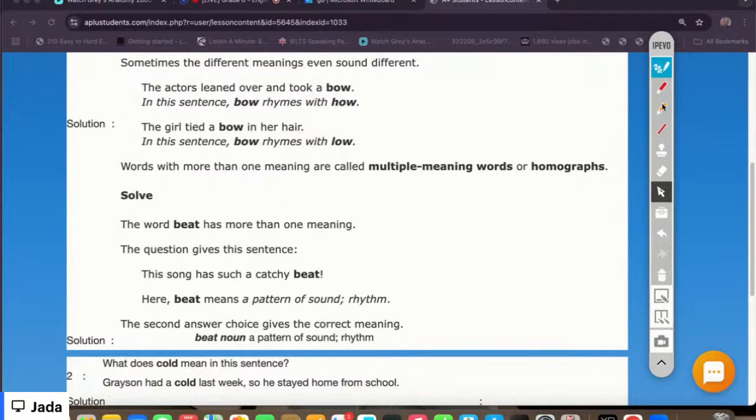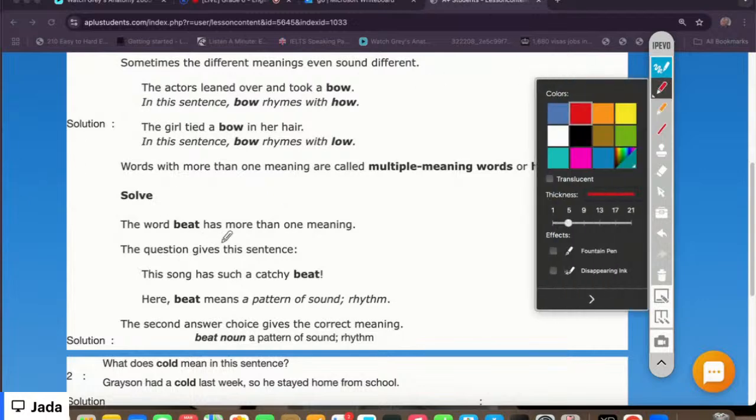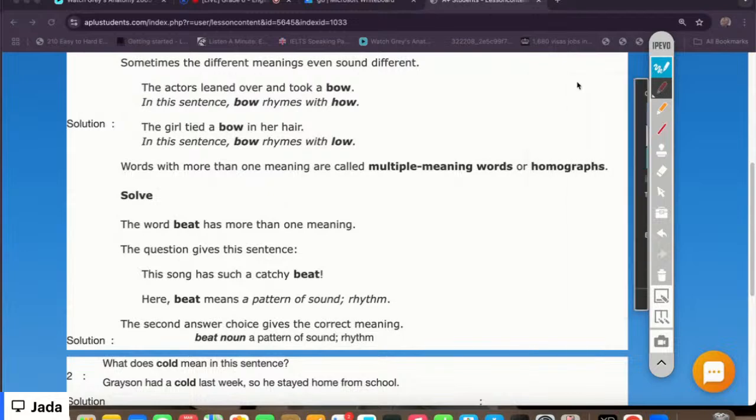All right, so the word beat has more than one meaning, so you have to take notes. The question gives this sentence: the song has a catchy beat. Here, beat means a pattern of sound or rhythm. The second answer choice gives the correct meaning: beat, noun, a pattern of sound.